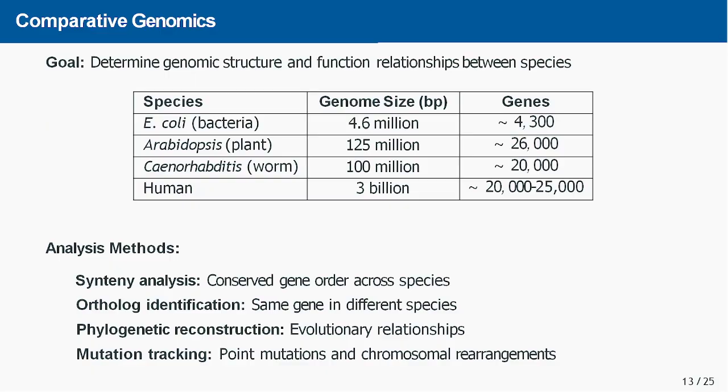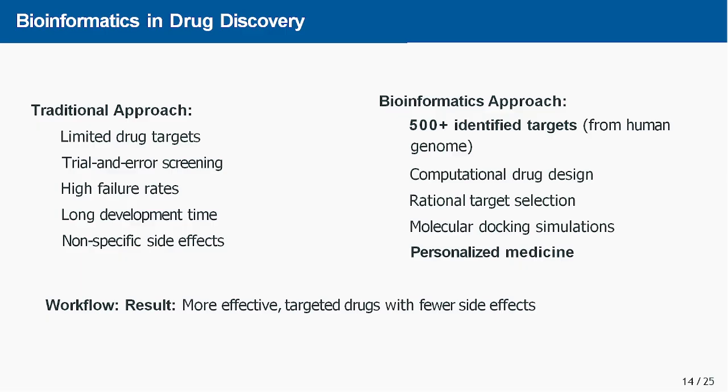Then synteny analysis is conserved gene order across species. Ortholog identification is the same gene in different species. Phylogenetic reconstruction means evolutionary relationship. Mutation tracking covers point mutations and chromosomal rearrangements.